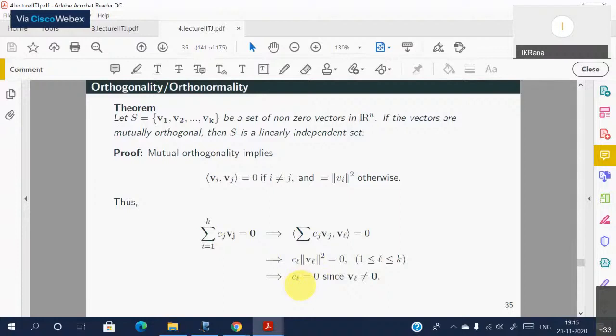So orthogonal is actually good enough. All orthogonal sets of vectors are linearly independent, because you don't need this value to be equal to 1: if this product is 0 and this value is not 0, then you can always conclude the coefficient is equal to 0.